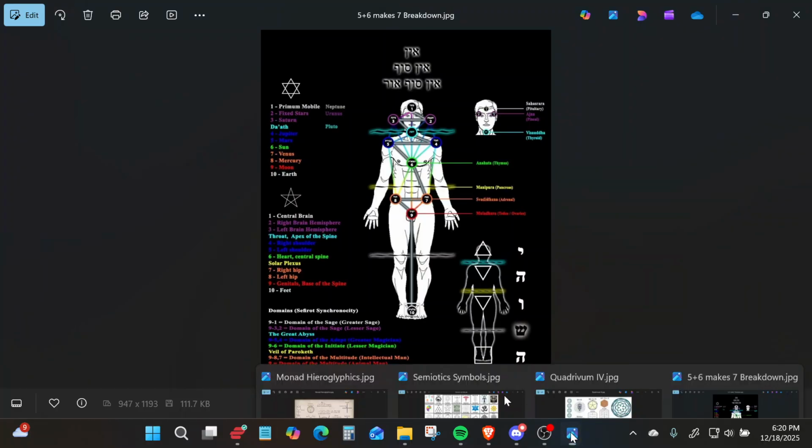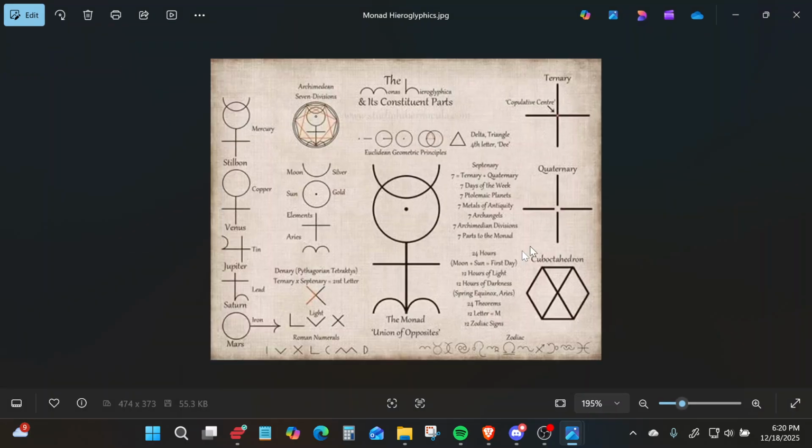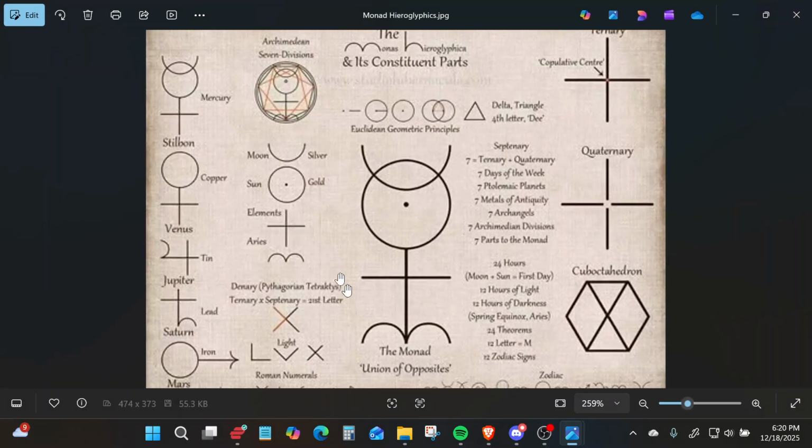As you can see, the solar, what the Gnostics would understand as the solar monad, but it's also attached with, of course, the moon, the various elements, also Venus as well, and Jupiter, Saturn, all of that is contained in this unity of the union of the opposites, the coincidentia oppositorum, or the union of the whole.